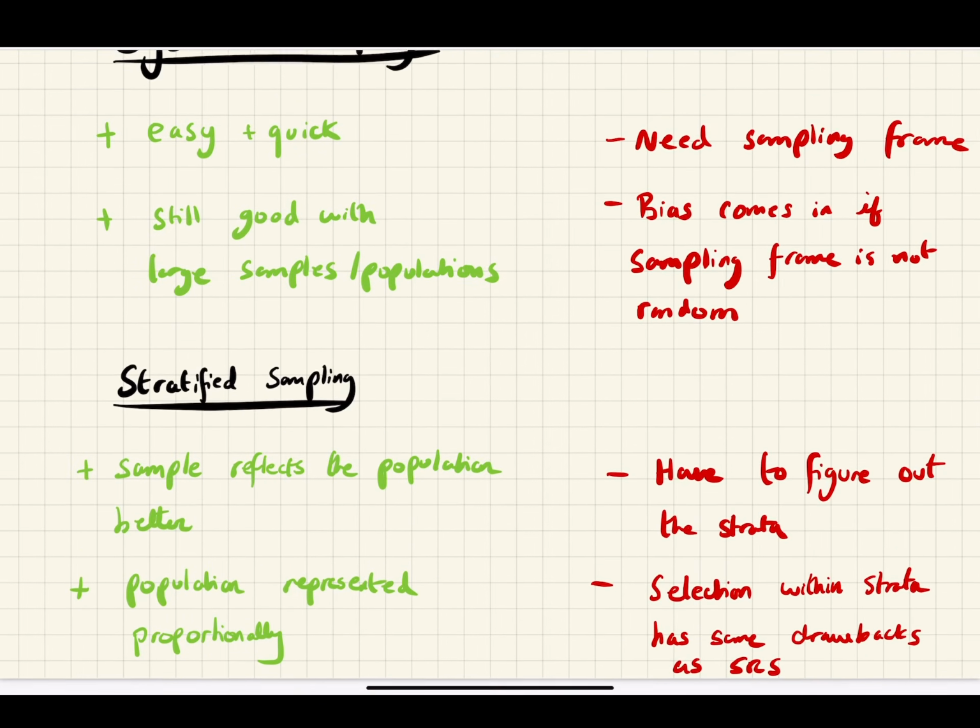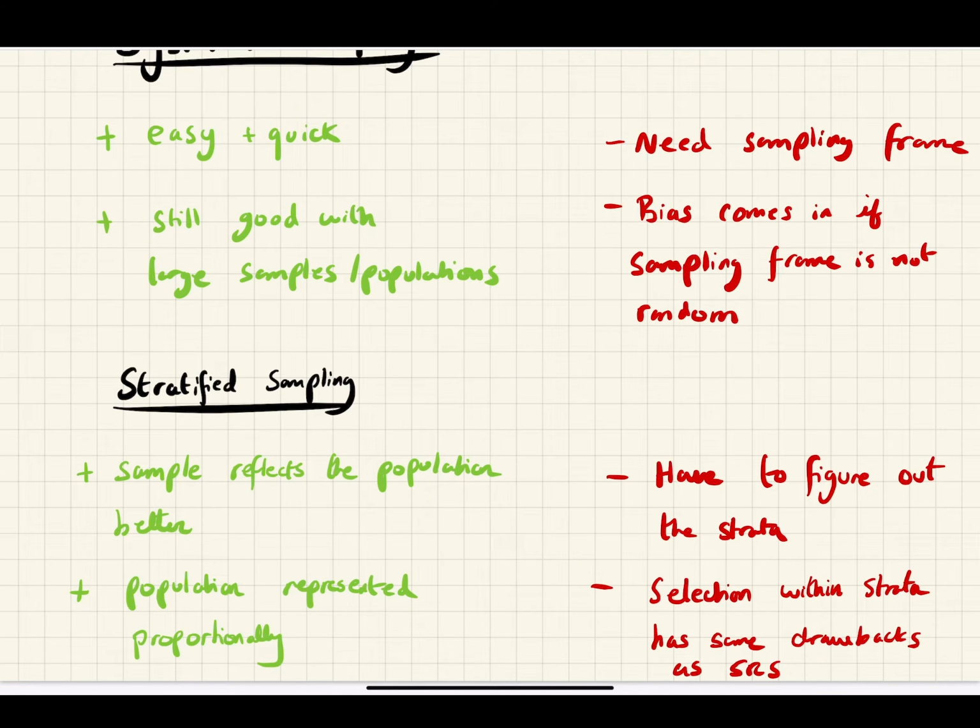So finally, we'll take a look at stratified sampling. With stratified sampling, it's quite good because it reflects your population better. And that's because we broke down our population into separate groups. And this means that we represent our population quite proportionally, which is quite a good thing to have in this kind of sampling. But then one of the difficult things with this is that you actually need to figure out what your strata should be. So it's not as easy as just breaking down your population into small groups.